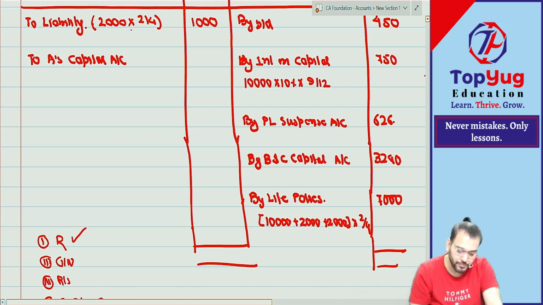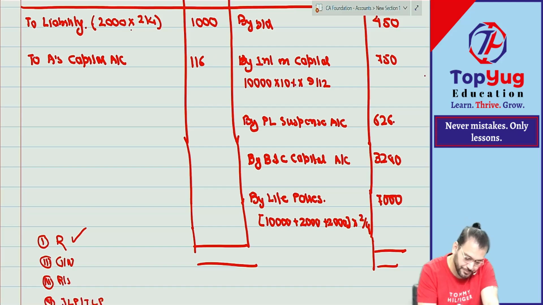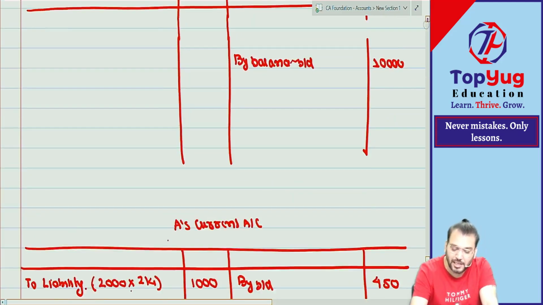How much? 11,000. 11,000. 606, 66. This will be transferred to which account?